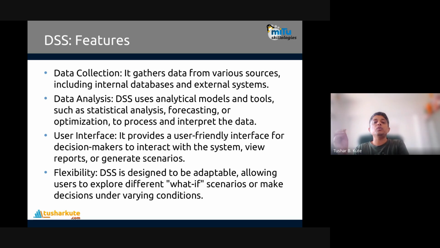The DSS is designed to be adaptable, allowing users to explore what-if scenarios or make decisions under various conditions. Like in the previous session we have seen scenario analysis: if this situation arrives, then what to do? So all kinds of situations we can combine, make it flexible, and based on that, informed decisions are possible. That is what DSS basically contains.